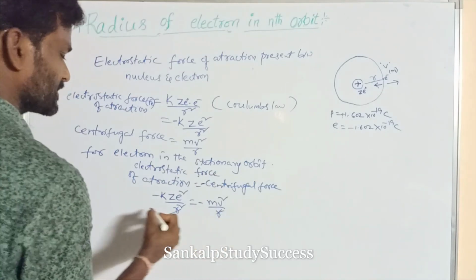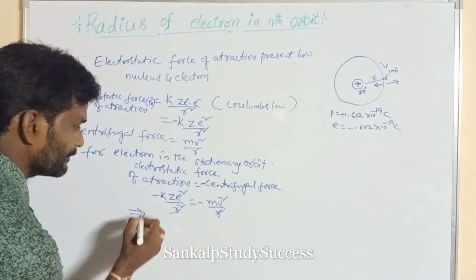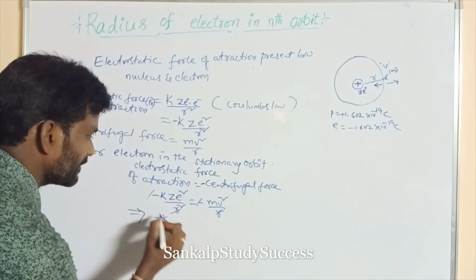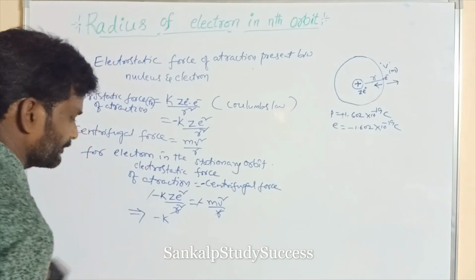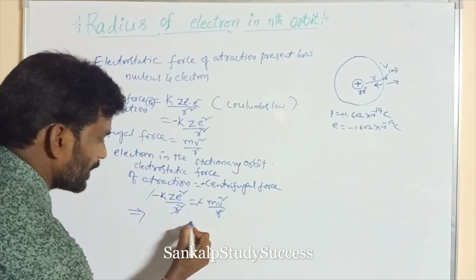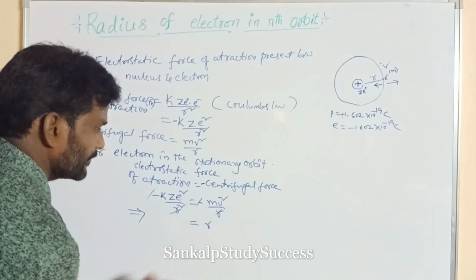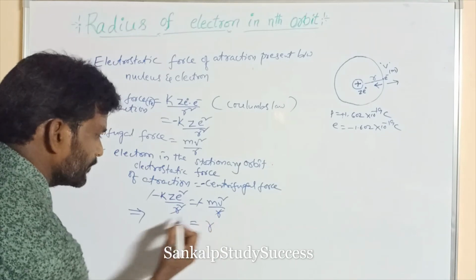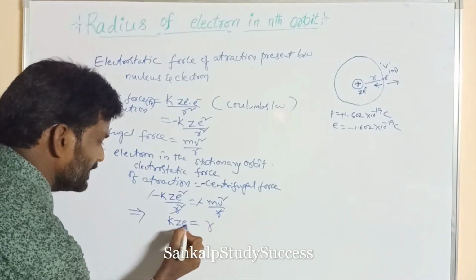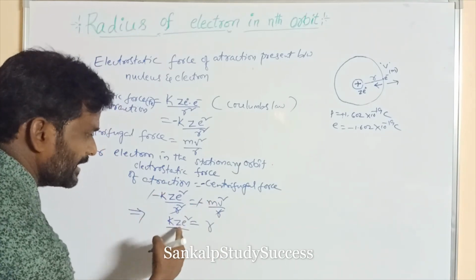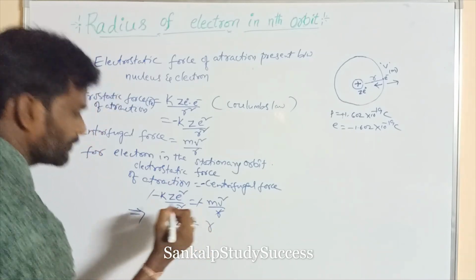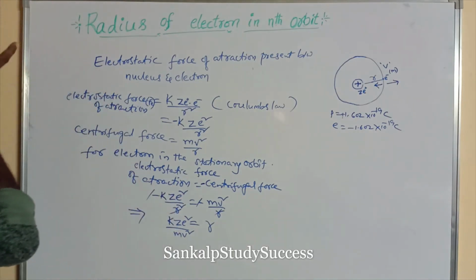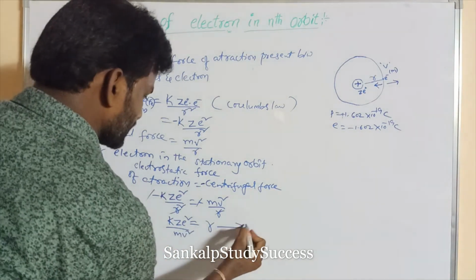So r cancels, the minus signs cancel, and what remains is r is equal to k z e square by mv square. This is equation 1.